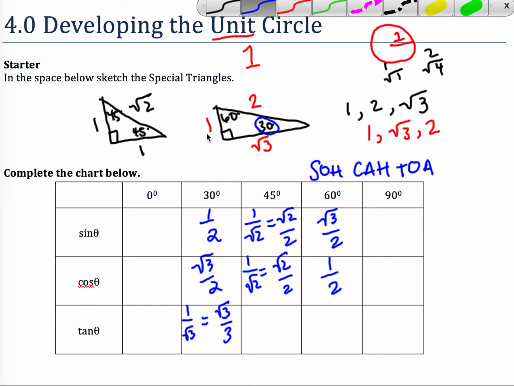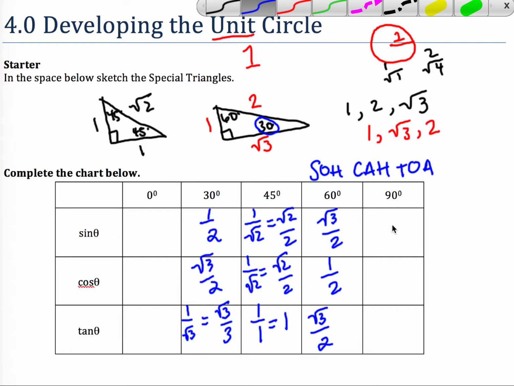Opposite over adjacent. Yep. And then if we do tangent of 45, tangent of 45 is opposite over adjacent, so 1 over 1, that's just 1. And the tangent of 60, opposite over adjacent, root 3 over 1. Now we run into a bit of a problem when we're looking at 0 and 90.